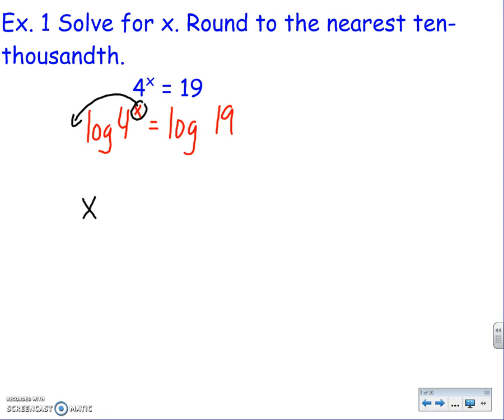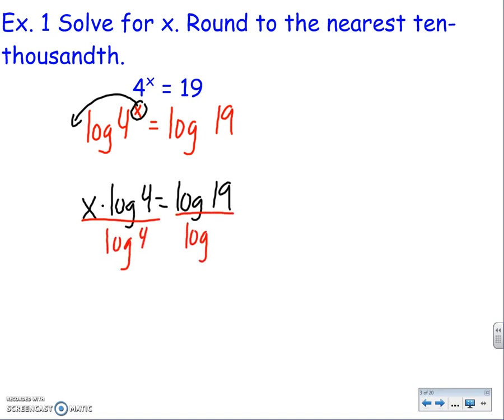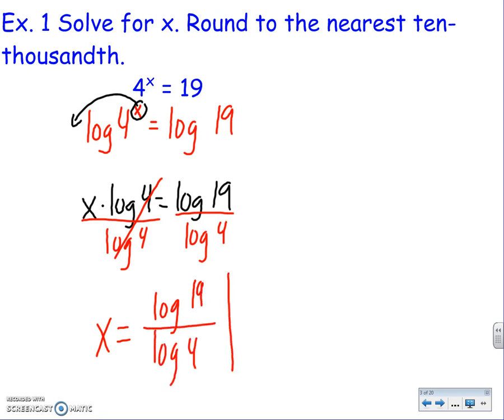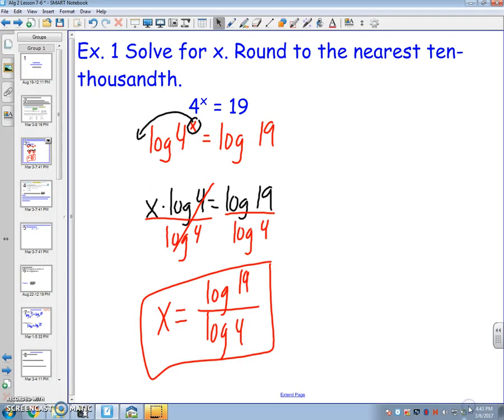So this is x times log 4 equals log 19. Now log of 4 is just a number, it's a decimal, so I can divide by that. All right, so that cancels. I have x equals log 19 divided by log 4. That is the answer. Now they want a decimal, so let me put it in the calculator.